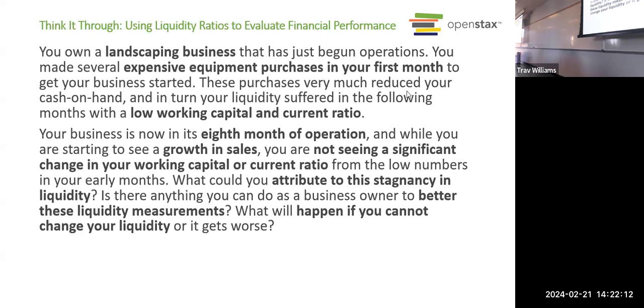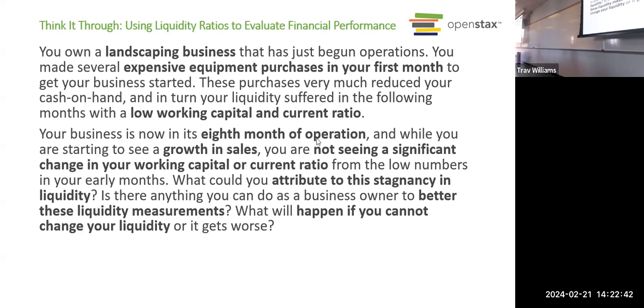You've purchased some expensive equipment in your first month, and you have a low working capital and a low current ratio. So in other words, you don't have a lot of money when you compare how much cash you would have after paying off your short-term debts. And the ratio between your current assets and liabilities is not good.